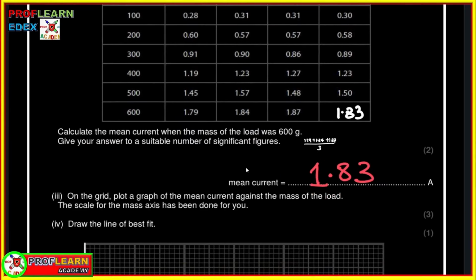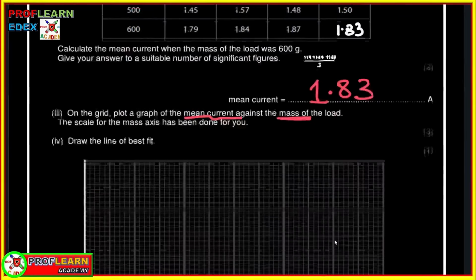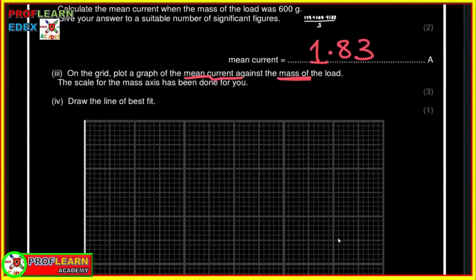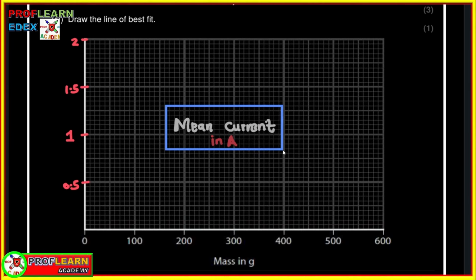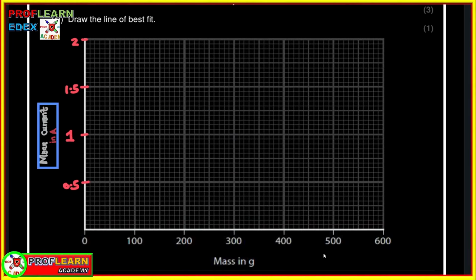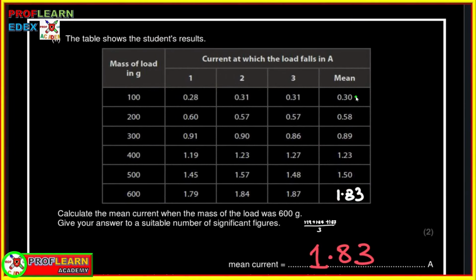We need to identify that the mean current is going to go on this other side, and then we shall write the mean current in amperes. We can now start plotting.